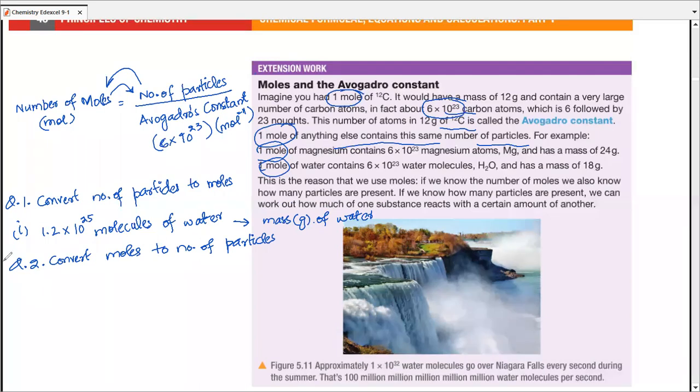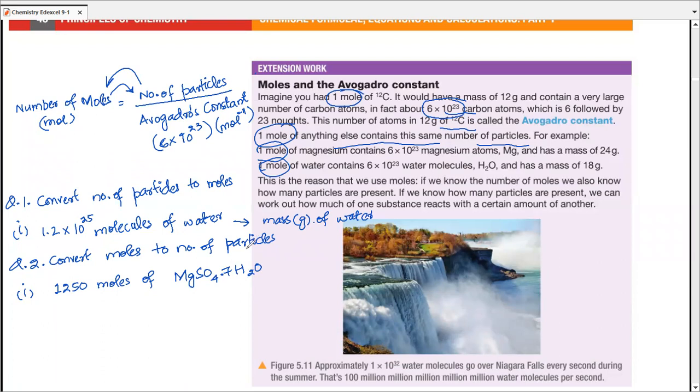Okay. So part one, let's say we have 1250 moles of MgSO4.7H2O. Now, I may write a horrifying formula over here, but remember, this is a moles and number of particles question.